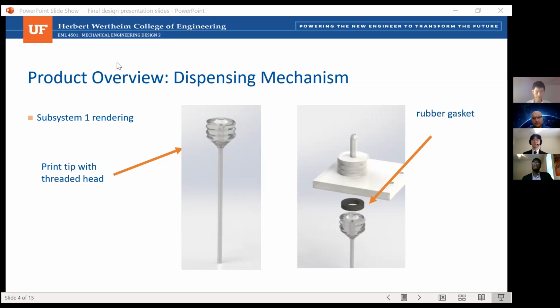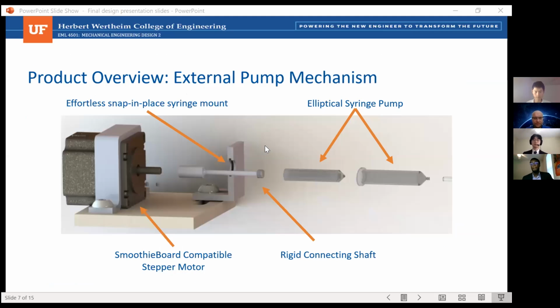She might also be referring to the snap in place mount for the syringe pump, if you want to go to that picture. It's a little hard to see because it's not zoomed in. If we had CAD, this would be a lot easier.